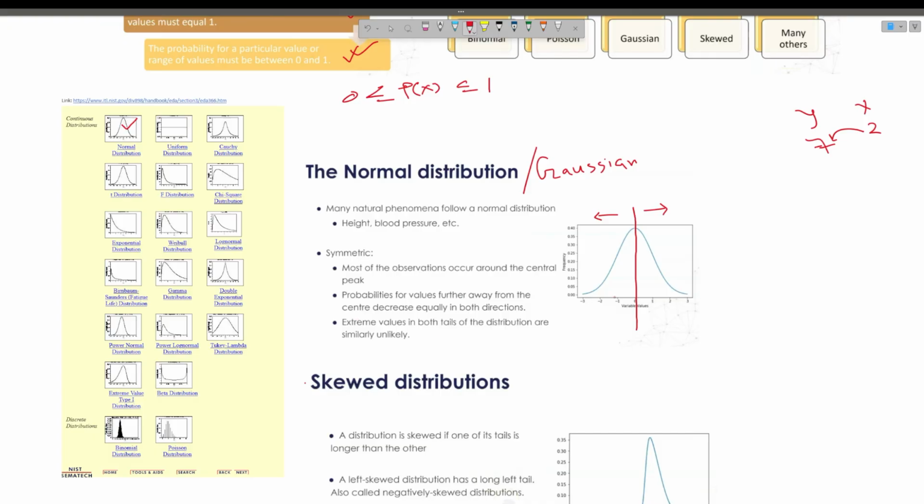Okay, so the Gaussian distribution basically looks like that, a symmetric one. You can see most of the values are in the middle. For example, maybe you have some variable and its values are 1, 2, 3, 0 and so on, and for those values there might be some frequency.